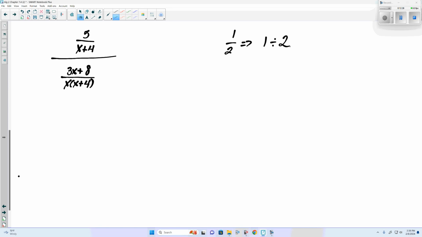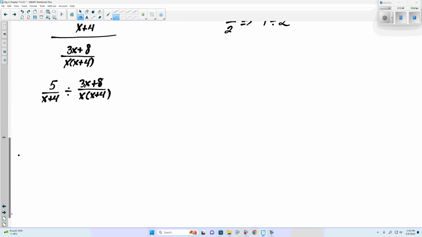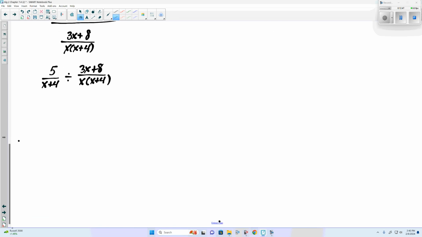So for us here, this is the same as saying 5 over x plus 4 divided by 3x plus 8 over x times x plus 4. Well, if we're dividing two fractions, we keep the first one the same. We change it from division to multiplication and flip the second.